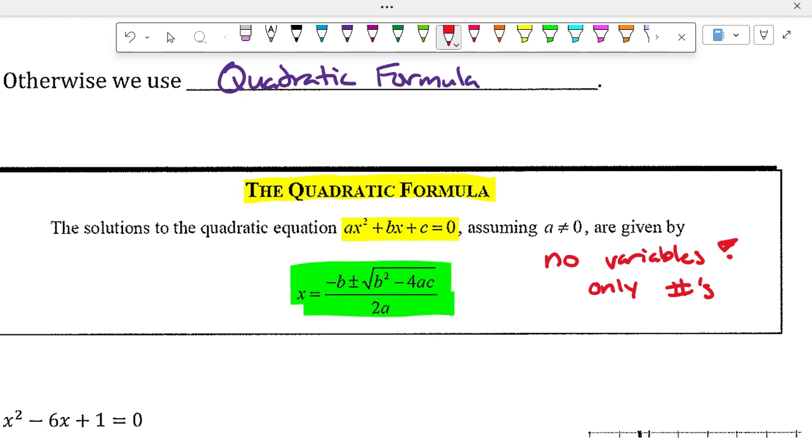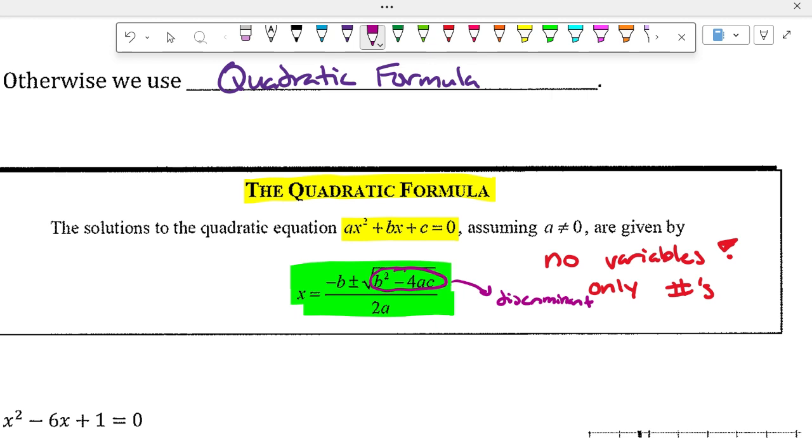When you're looking at the formula, is there anything in there that's ringing a bell? Right, the b squared minus 4ac part. Isn't that the discriminant formula? So this is actually where the discriminant comes from.